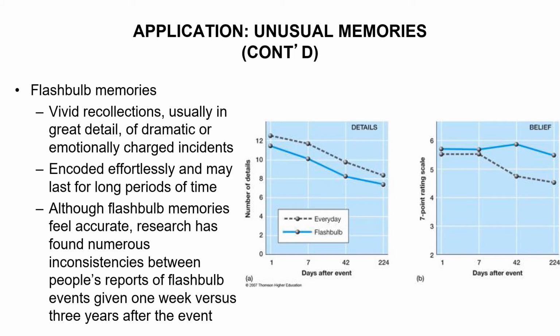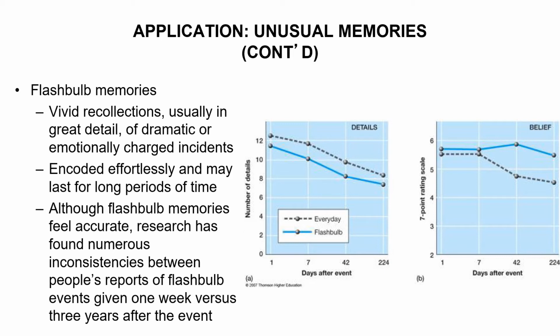However, even though flashbulb memories feel very accurate to us, researchers have found that the actual detail and accuracy of your memories degrade at the same rate as your other memories.